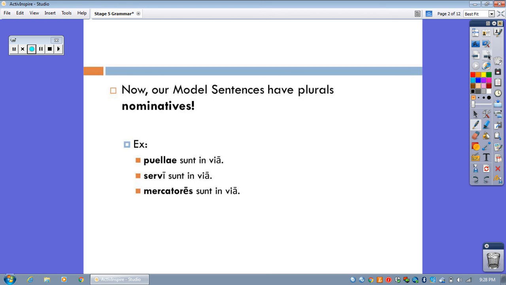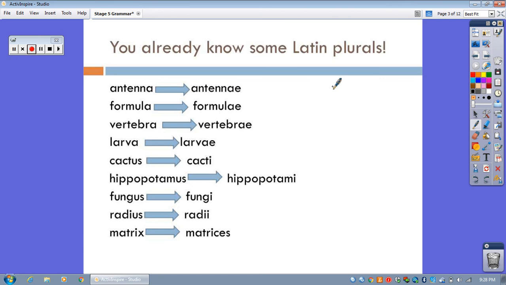So let's talk about our plural nominative endings in Latin for our 3 noun families so far, our declensions. Here's the thing. If you think about all of these words on the left that you already know in English, of course they come directly from Latin words, and think about their plurals, then you pretty much already know what the nominative plurals will be in Latin.